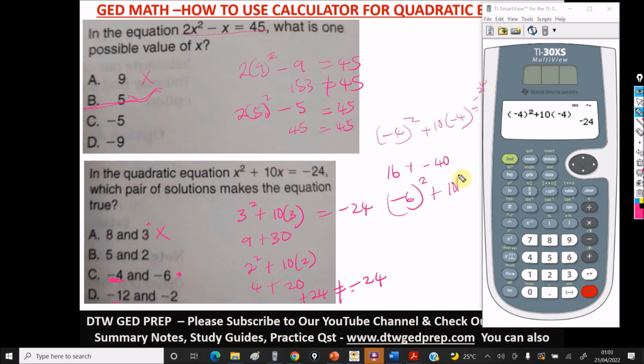So this is 10 in parentheses negative 6. Here, clear. So we do in parentheses negative 6, close the parentheses. Please, if you put the square in here, you're going to get a different answer. Let me show you.